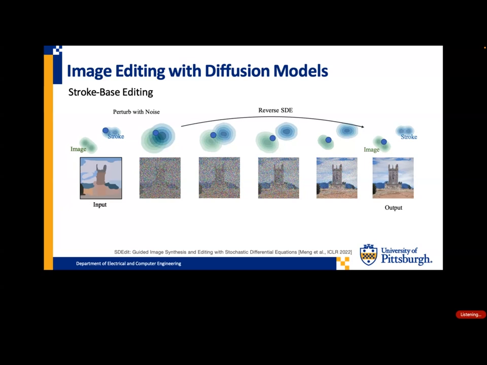So if you think about the green image as the image plateau, all the noises around this image can all climb to here, right? You can climb from here to the mountain. So the stroke gives you a starting point.